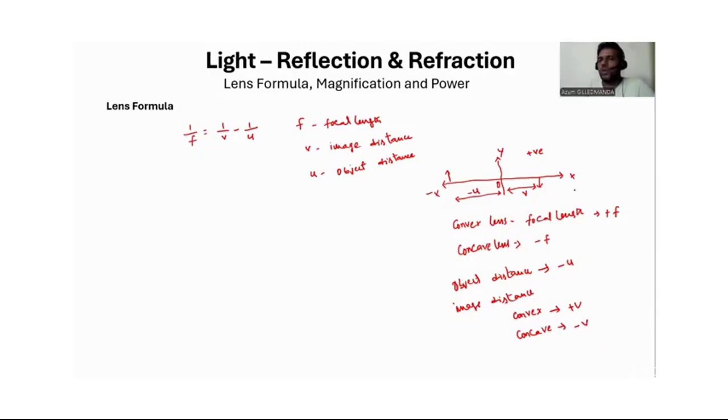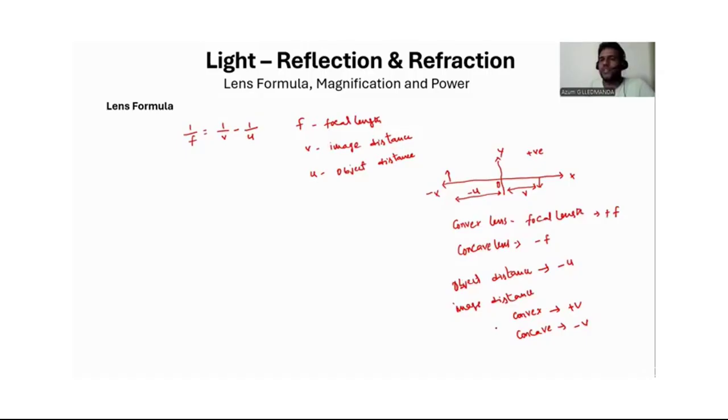Understood? So the focal length for a convex lens is plus f, and for a concave lens is minus f, and the object distance, for both the lenses, is minus u, because the object is placed in front of the lens, which is to the left of the lens, that is on the minus x axis. So it is minus u always for both the lenses.